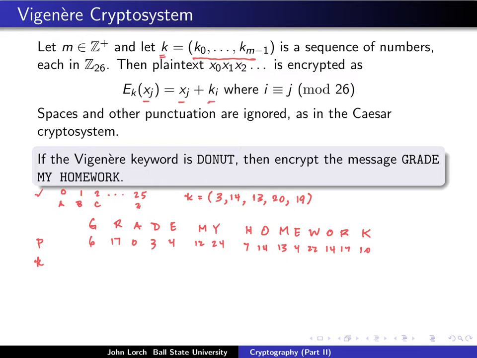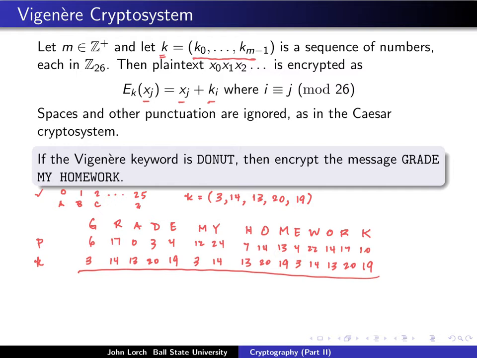Our first shift is going to be by 3, our second shift by 14, third by 13, fourth by 20, and fifth by 19, and then we start over again with 3, 14, 13, 20, 19, and then start over again, 3, 14, 13, 20, and then 19.